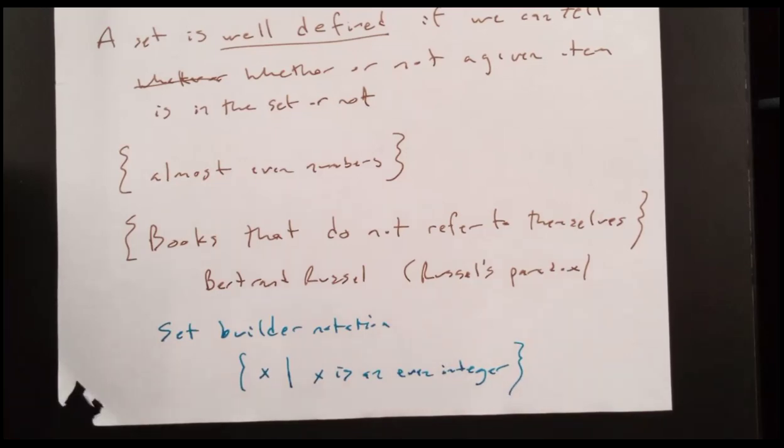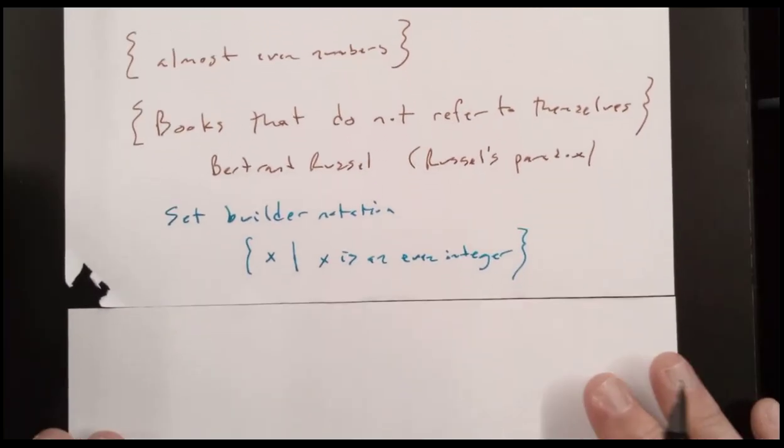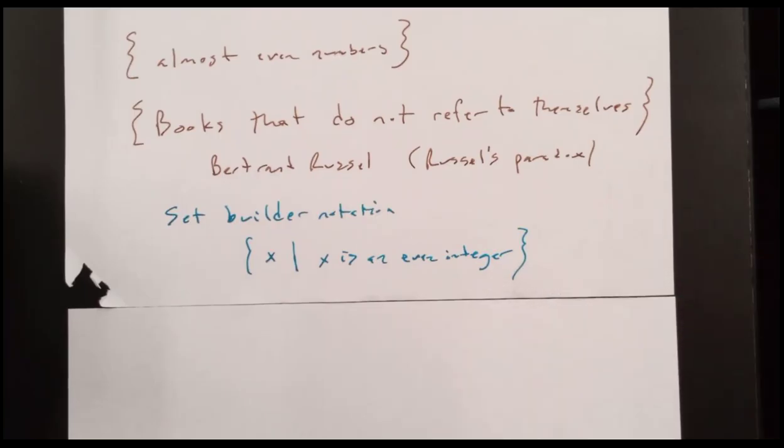Typically, we'll have the name of an arbitrary kind of element, X, and then we'll have this little vertical bar, and then we'll have some property. Hey, wait a minute. What I'm really defining here is a proposition, aren't I? P of X, a propositional function. This is a property about X. If that property is true, X is in the set. If that property is false, X is not in the set. The exact same idea as a quantified statement. So if this set has elements, those are the things for which there exists an X where P of X is true.